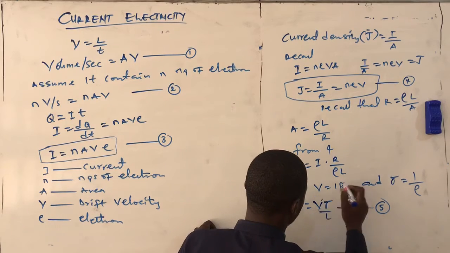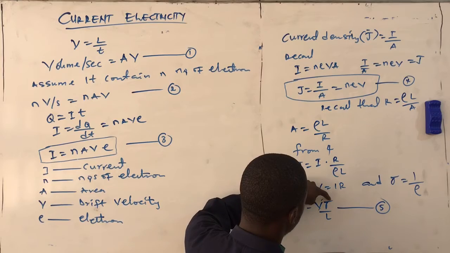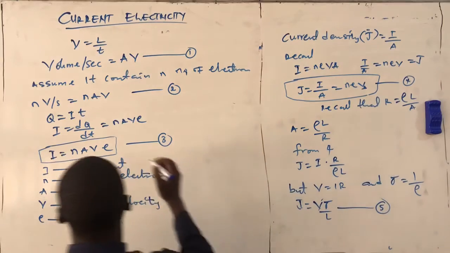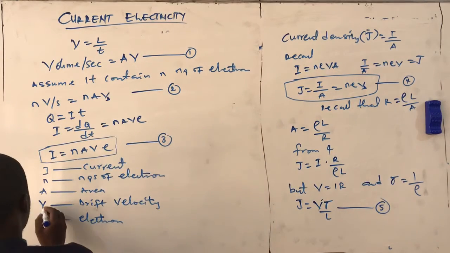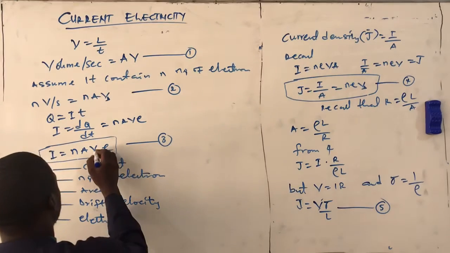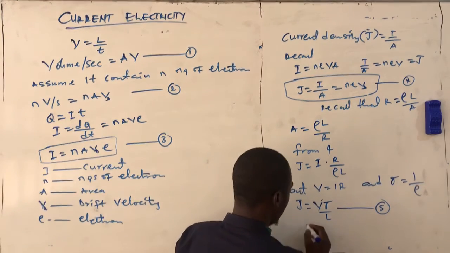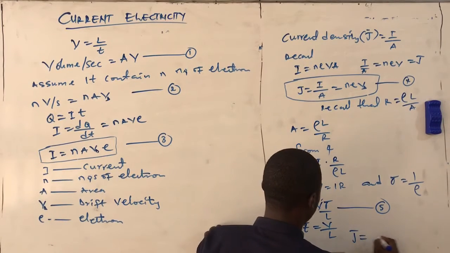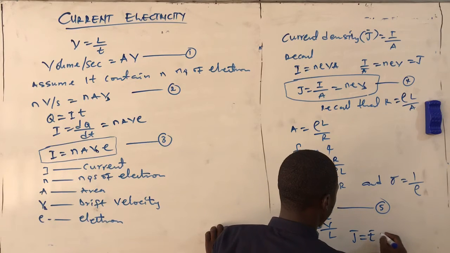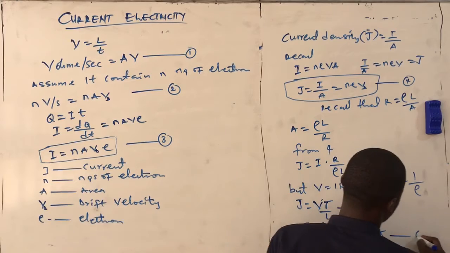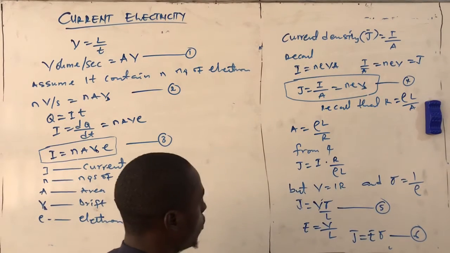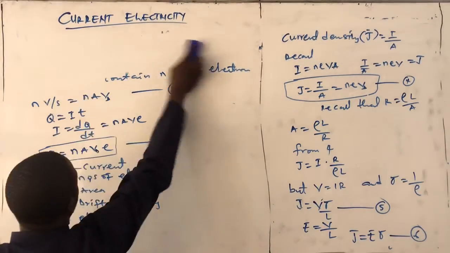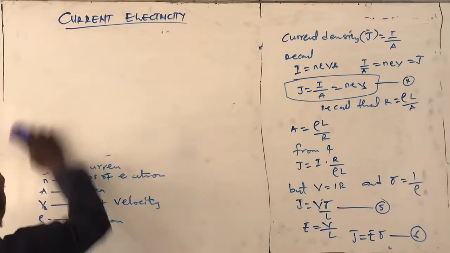We know that this is the potential difference, and this is the drift velocity. Let me indicate it, drift velocity, so that we do not join them together. But this is the potential difference. We know that E is equal to V over L. So also J can be equal to sigma E, let's call this equation 6. So this is the formula to find the current density in terms of electric field.